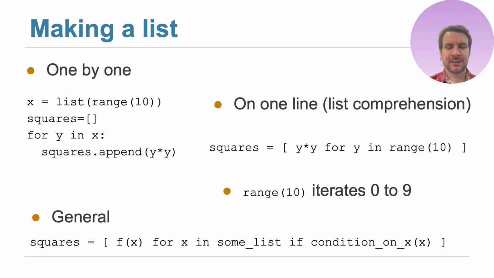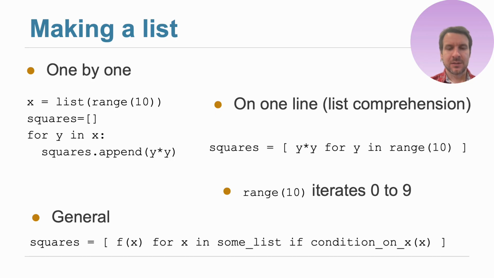In this case, the entries are y times y, which is y squared, and then after the expression that creates each entry, you write a for loop. So here I am saying for y in range 9. This will create a variable y that iterates from 0 to 9, and for each y it calculates y squared and puts it into the list.